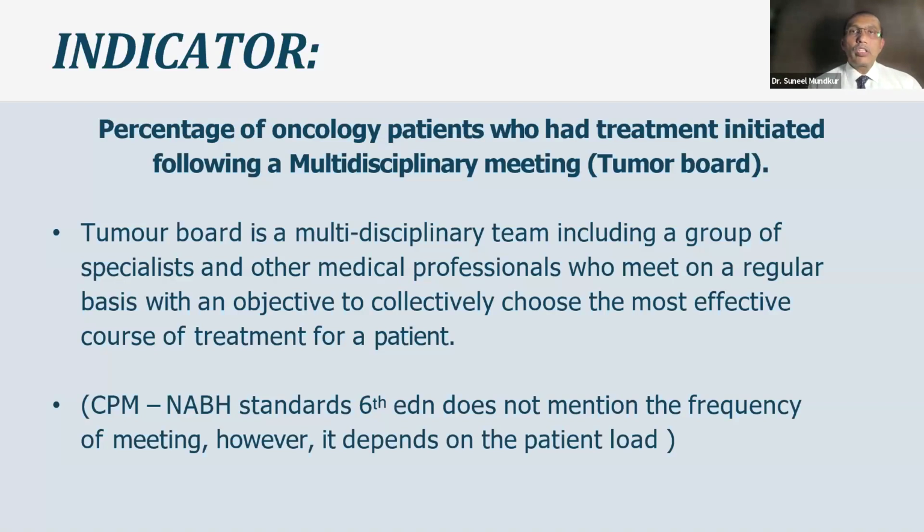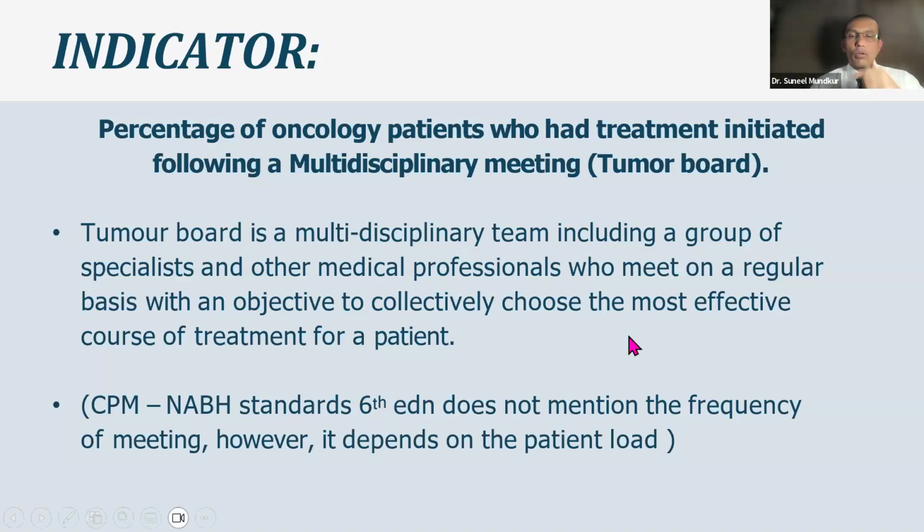I was wondering why they have not mentioned the frequency. Please note that if it's an oncology specialty, every week you may be starting a new chemotherapy or a radiotherapy or a cancer treatment. So you may have to meet in the tumor board weekly. Or if your load is not so much, you can meet probably once a month and justify your use of chemotherapy or cancer therapy in these patients.